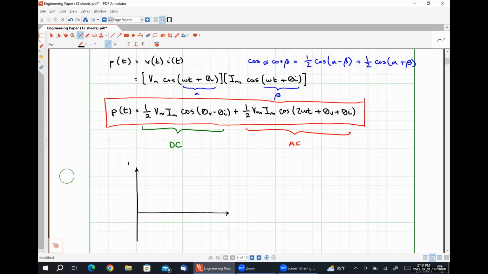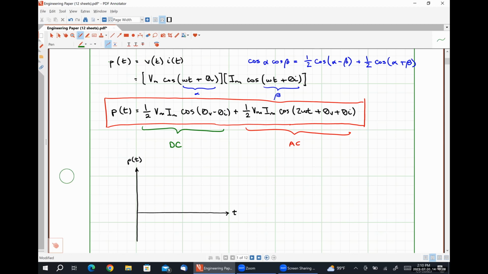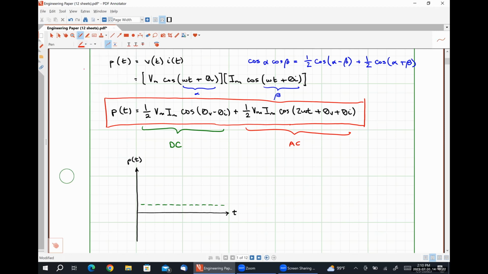Right. So this is going to be P of t. This is going to be t. And this dashed green line right here represents the DC portion. And then on top of that, I'm going to superimpose an AC portion.